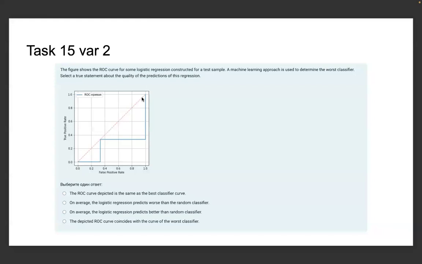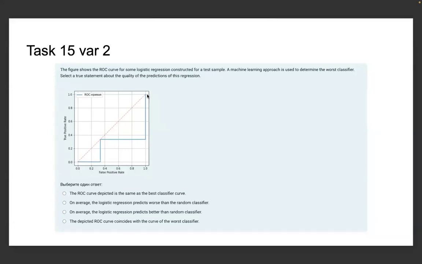So I can say that the worst classifier is when we have a ROC curve like this random curve. When we have this curve, we cannot do anything with this classifier because we cannot optimize it or change the classes to have a better ROC curve. Okay, answered. I got it.